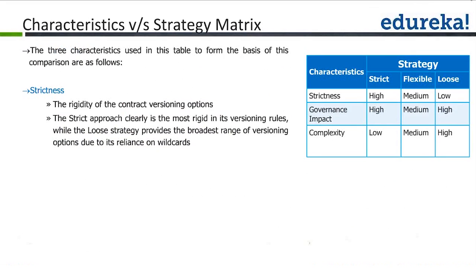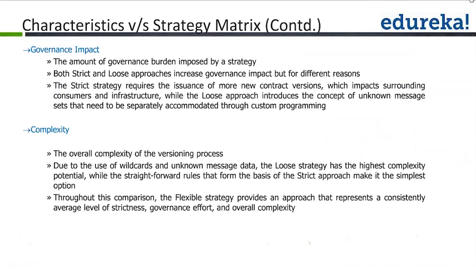Now we'll move to the governance impact. But before we do that, we have to understand what governance impact is: the amount of governance burden imposed by a strategy. Because these are real examples, this matrix will help a service designer or an architect to take a decision, right?